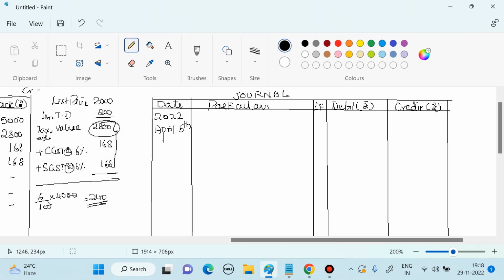So what is the normal transaction that we pass? We have already learned passing journal entry for sale. Who can tell me? You sold goods to Mohan and there is CGST and SGST. What would be the sale entry to Mohan, credit sale to Mohan?